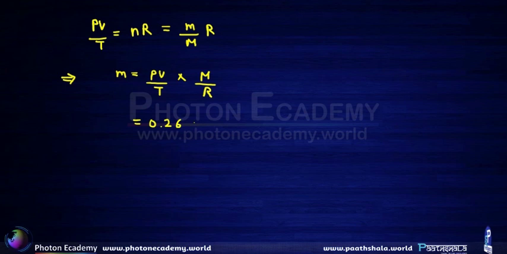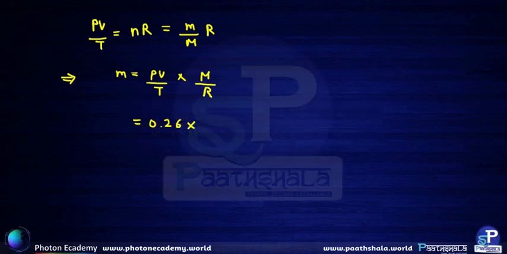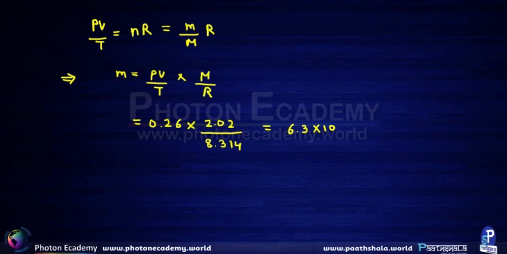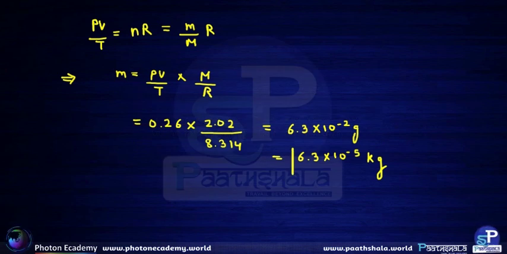The molar mass of hydrogen given to us is 2.02, and the value of R given to us is 8.314. So the value of small m comes out to be 6.3 into 10 raised to the power minus 2 grams. So in kg it will be 6.3 into 10 raised to the power minus 5 kg. Therefore we need this much amount of hydrogen to yield the same value of PV by T.